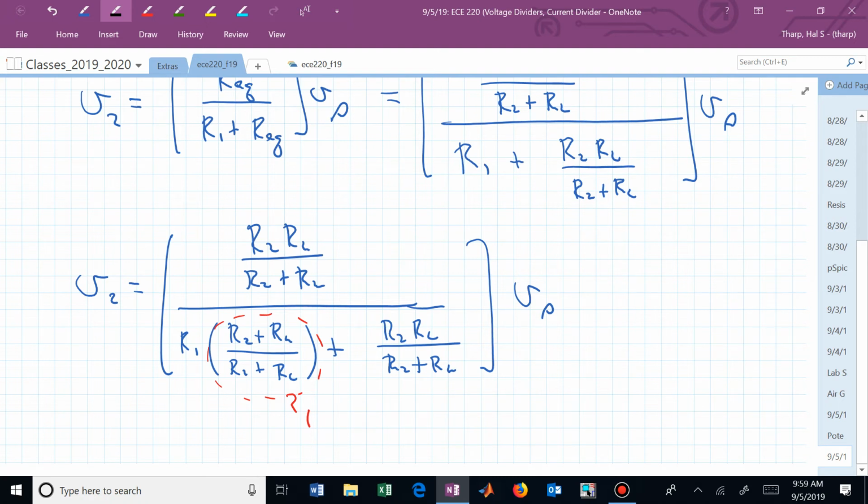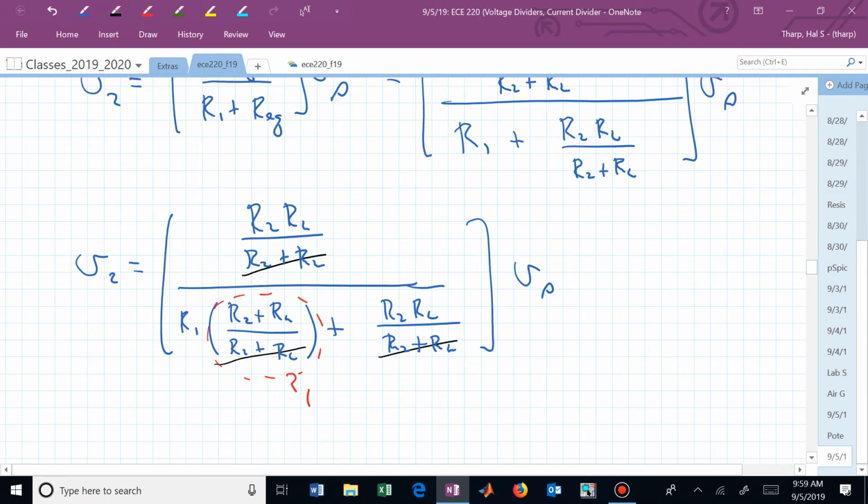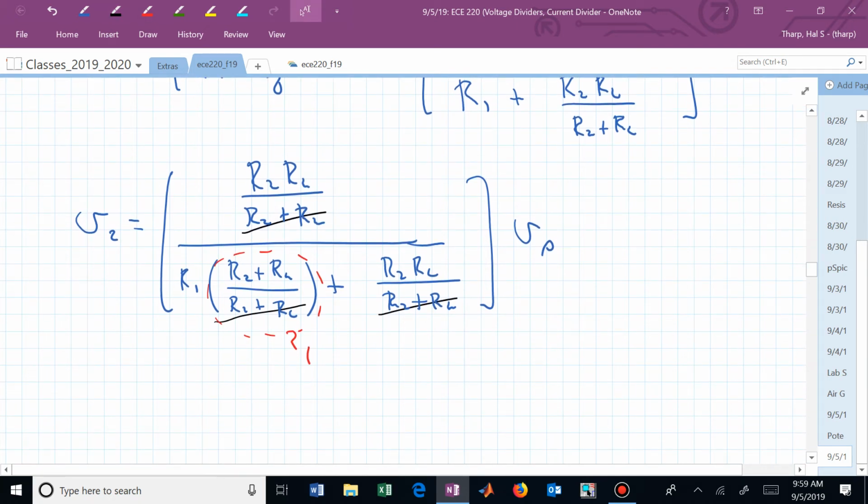Be patient, be patient. Now I can cancel that, and that. And now instead of having ratios of ratios, I now just have one ratio back.